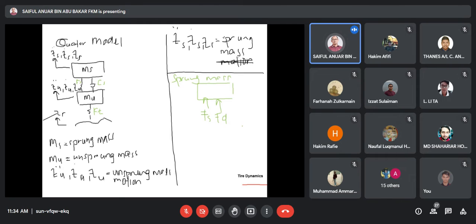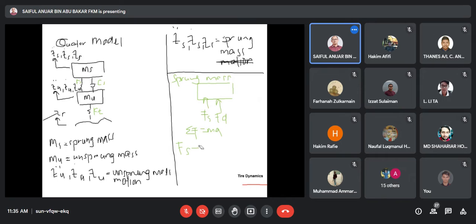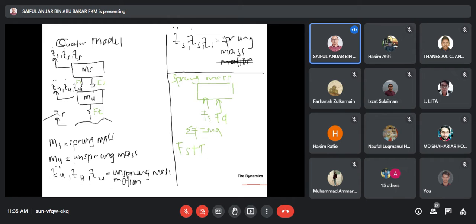Based on the summation of forces equal to mass times acceleration, we have FS plus FD equal to MS ZS double dot. So this is our first general equation.